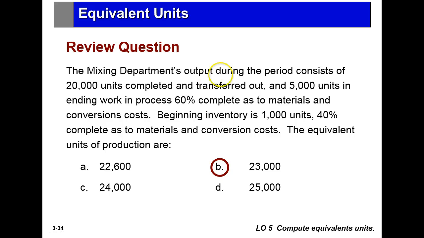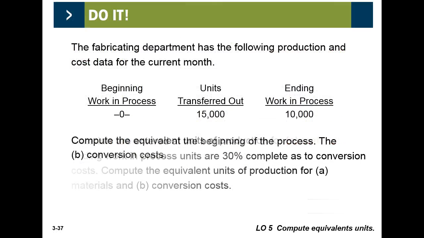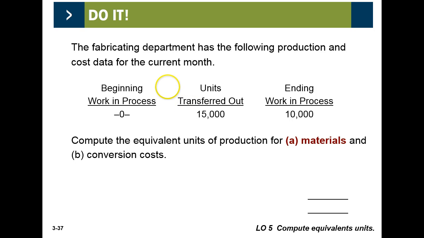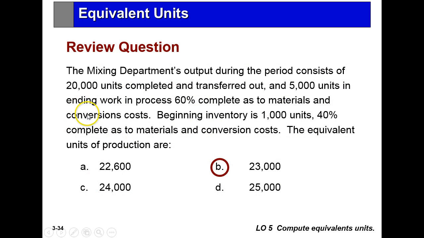So 5,000 units, 60% complete is 3,000, and our 20,000 units would give us our 23,000. So we don't think about the last sentence? I'm sorry? So we just leave out the last sentence and it's extra information? Leave out the last sentence.